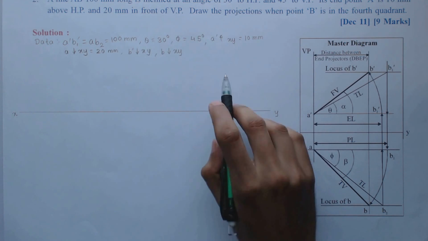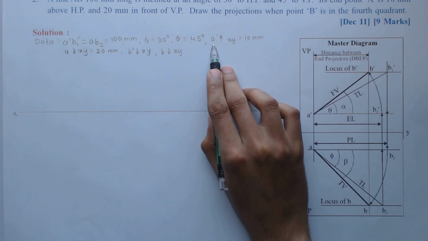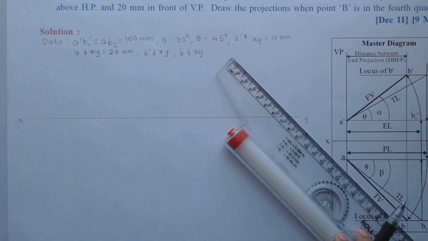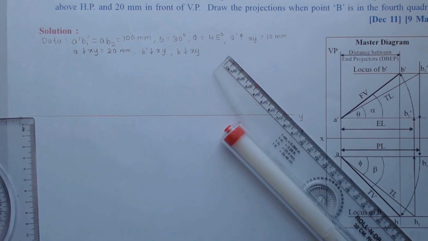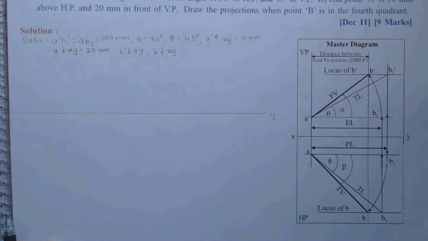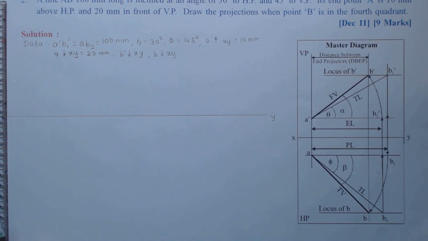Now to start with, I should first locate the position of A dash and A, which will lie on the same vertical projector. So I'll first draw a vertical projector. It should be a vertical line exactly perpendicular to XY.